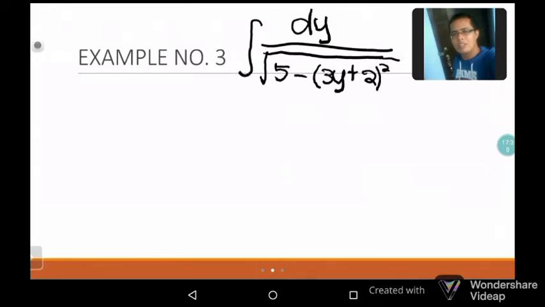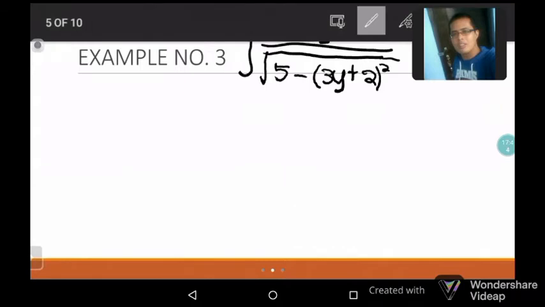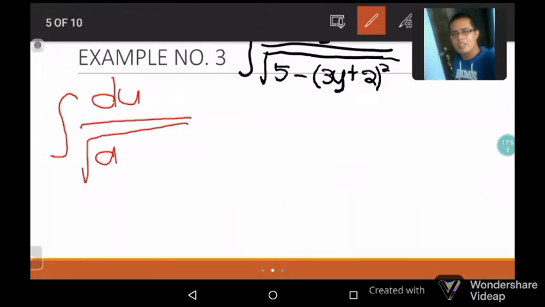So, ibig sabihin, integral naman ito ng du over square root of a squared minus u squared. Ano ulit ang equivalent integral formula ng du over a squared minus u squared? Tatlong inverse trigonometric formulas lang naman yan eh.